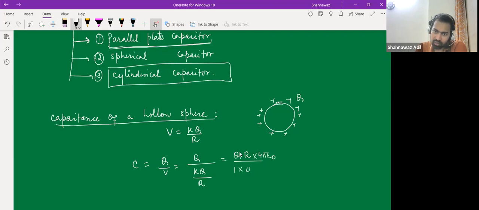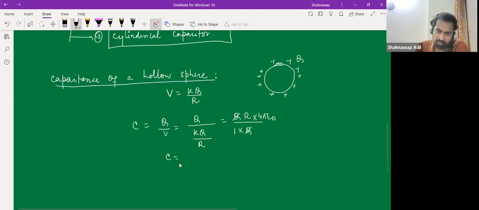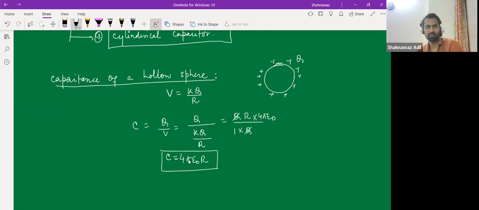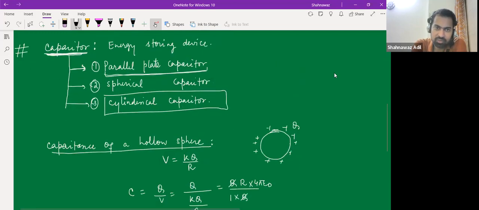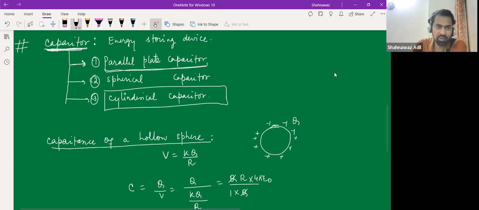And this is Q, so Q cancels, and the capacitance of a hollow sphere is 4 pi epsilon naught R. So this is the capacitance of a hollow sphere. You guys note up to this point, and then we will talk about parallel plate capacitors.